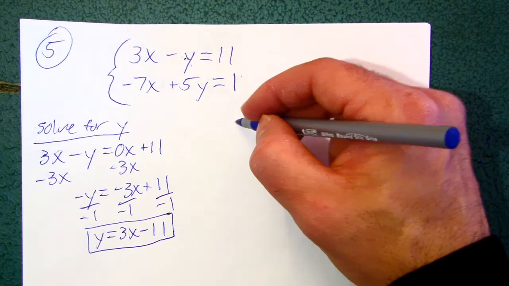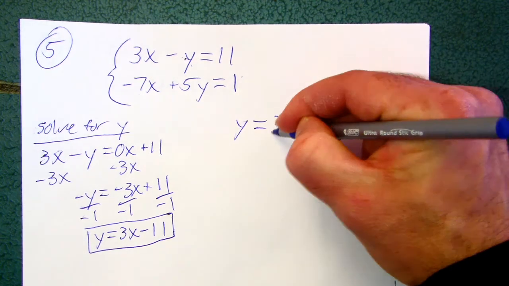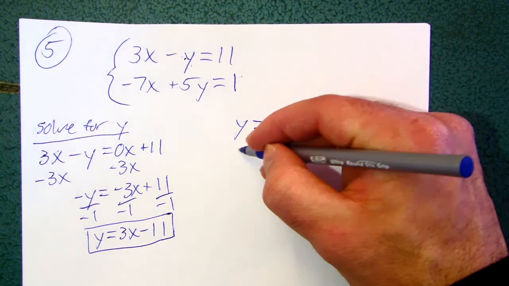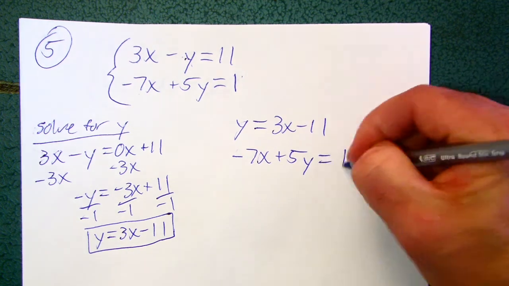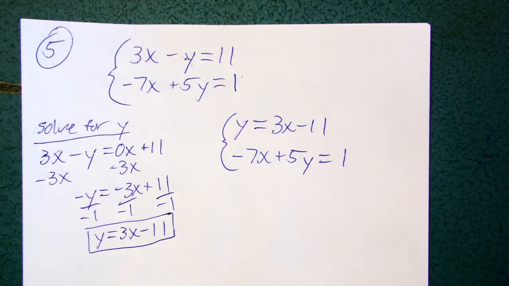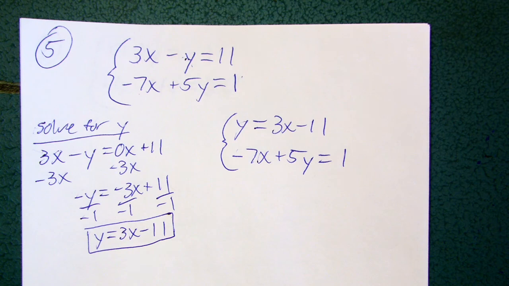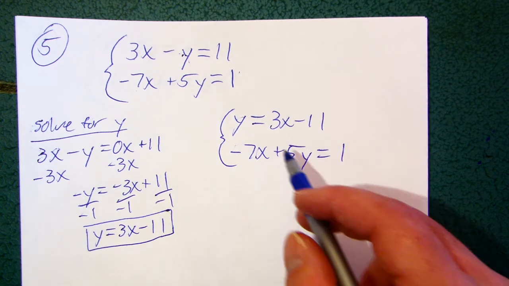So my new system is going to be y equals 3x minus 11. So this is my new system.